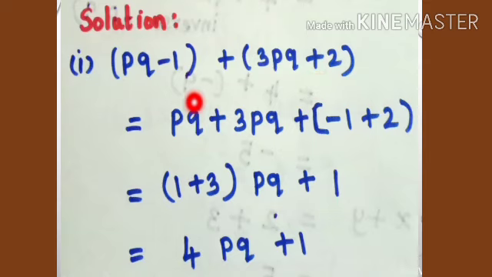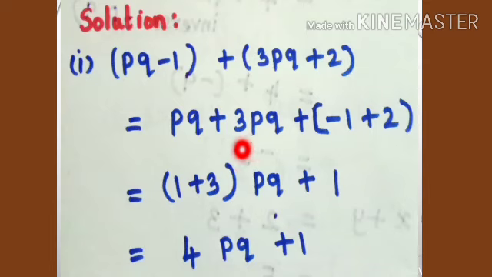Okay, so in the next step, let us arrange like terms separately in an algebraic expression. So pq plus 3pq are the like terms of pq, and minus 1 plus 2 are like terms of constant terms. Okay, in the next step, first we have to add these two values.